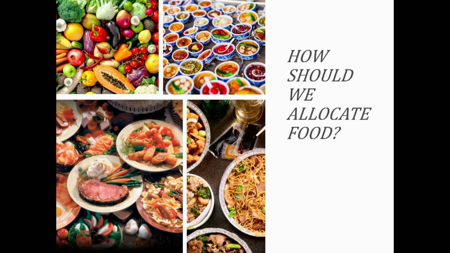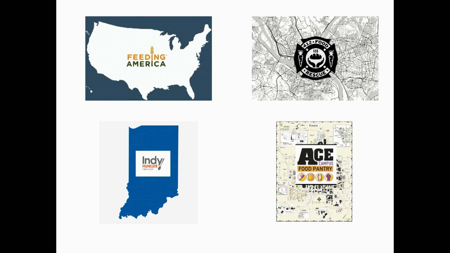So how is food insecurity addressed in this country and globally? The question is, how should we allocate food? There are nonprofits at all scales that try to address this problem. You might know Feeding America. I believe it's the largest nonprofit in the food space in the world. Feeding America is trying to solve this problem at a country level, trying to move food across cities.